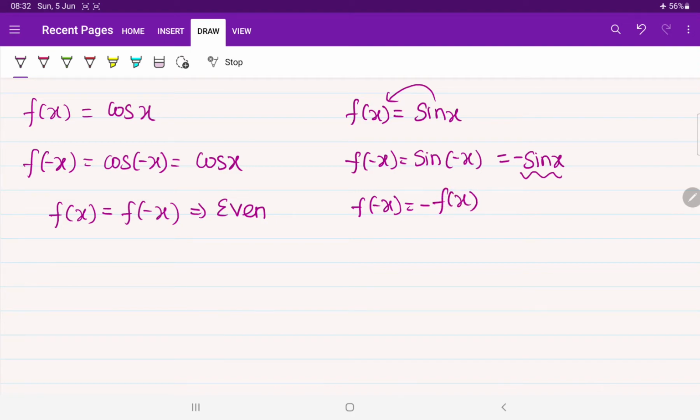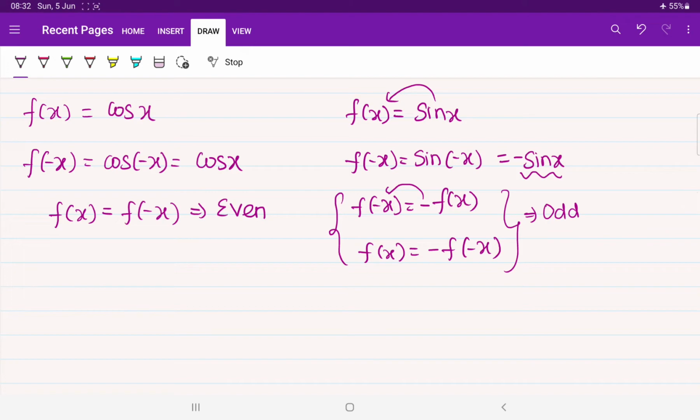So f of minus x equals minus f of x, or we can write f of x equals minus f of minus x. Both are the same. You can also pass this minus to the left hand side. If you observe this kind of relation, then that function is called an odd function. That's all. That is the basic difference between an odd function and an even function.